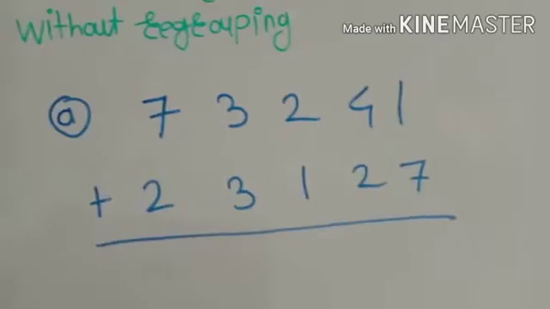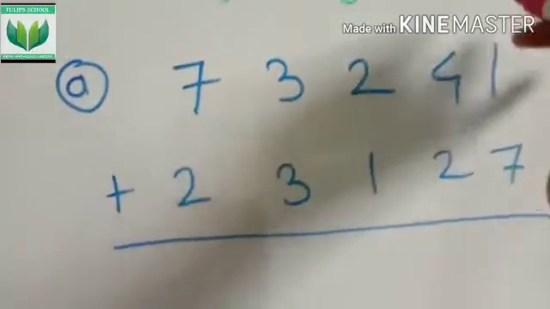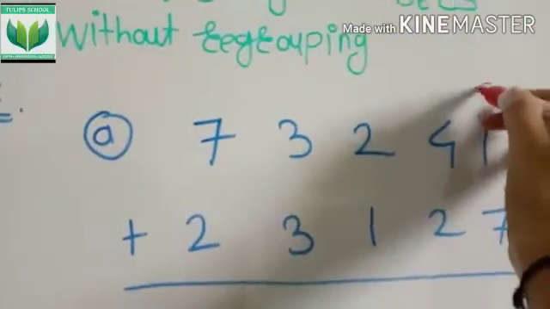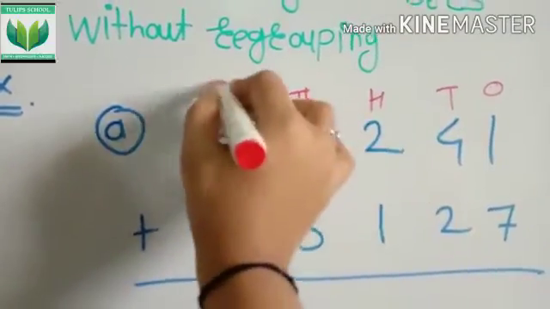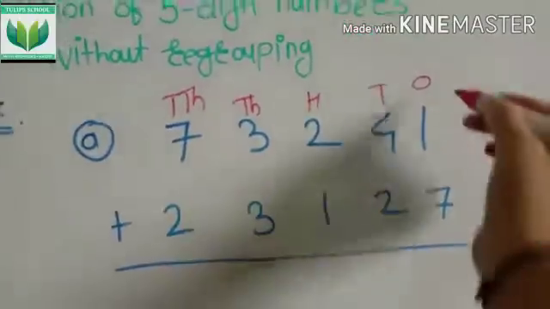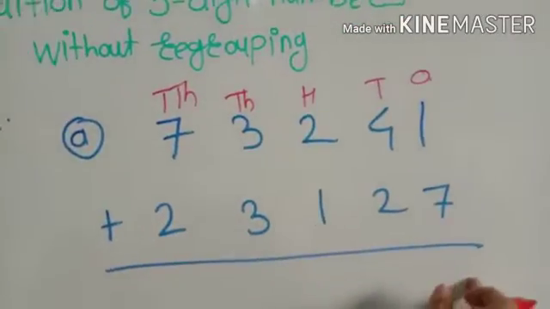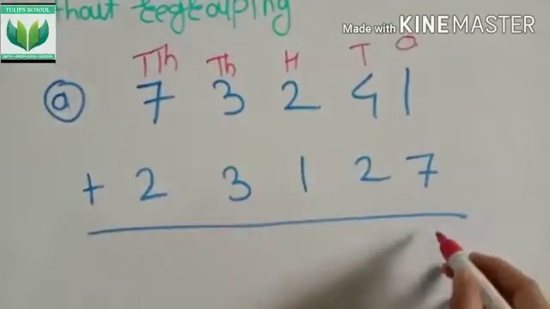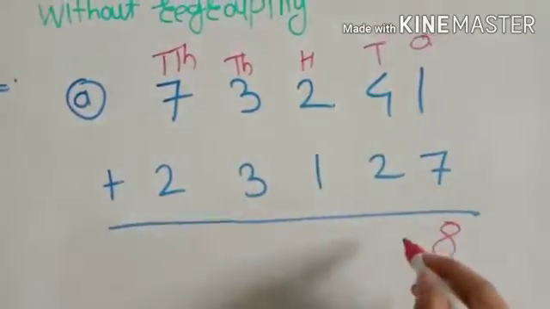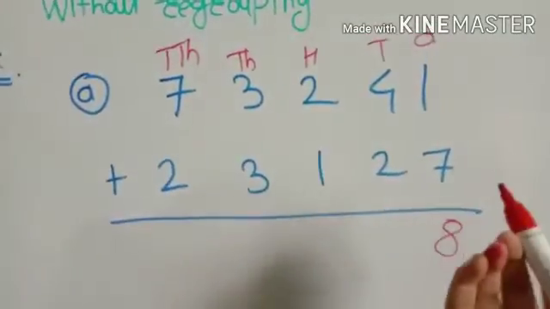Now let's do additions. First we know the places: ones, tens, hundreds, thousands, ten thousands. We do the addition of the ones place first, going from back to forward. 7 plus 1, 8. 4 plus 2, you can count on your fingers also.